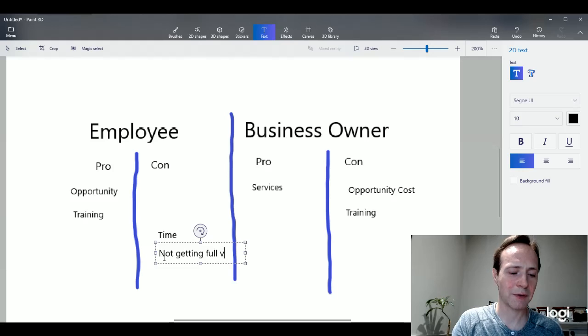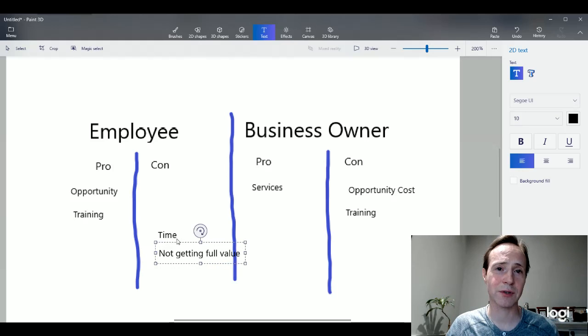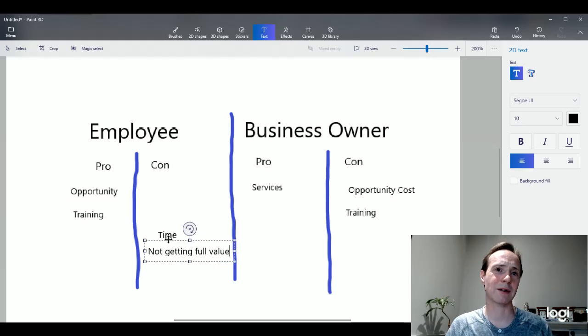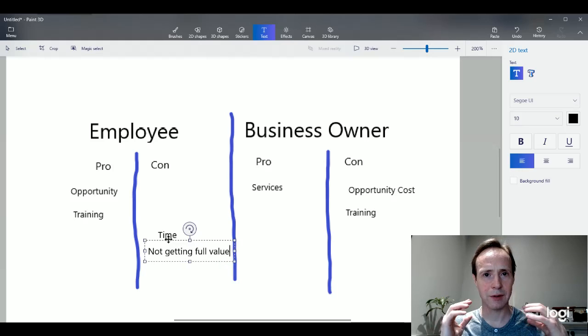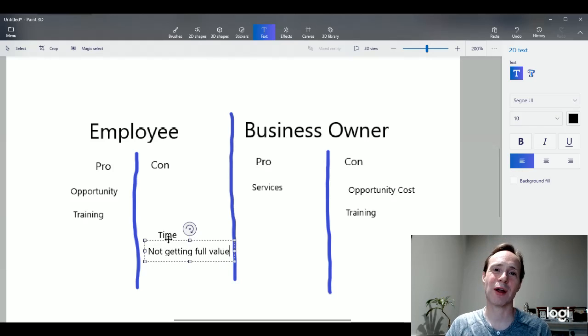Now this is really a perceptual thing, because it's not based on reality. The employee doesn't get the fact that their value is paid today when the product is really being sold tomorrow. So this is one of those misunderstandings that happens between employers and employees.